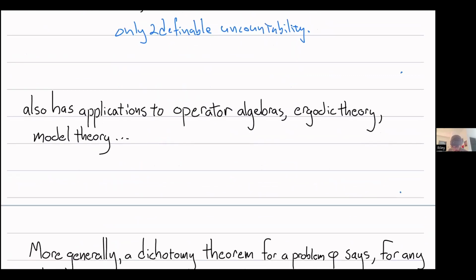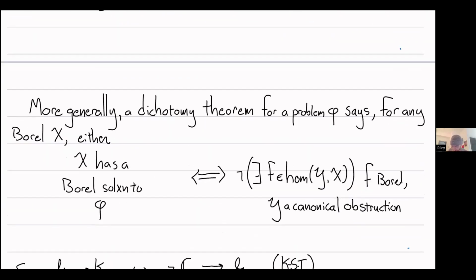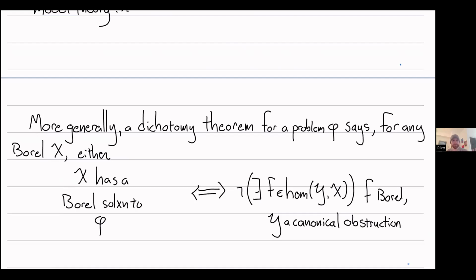More generally, a dichotomy theorem for some problem tells you that if you have a Borel instance of the problem, either you have a Borel solution, or there is some canonical reason why not: there is a Borel homomorphism from some canonical structure Y into X that prevents you from having a solution. Or maybe there's not one canonical obstruction, maybe there's a small family of them, but typically there's just one.